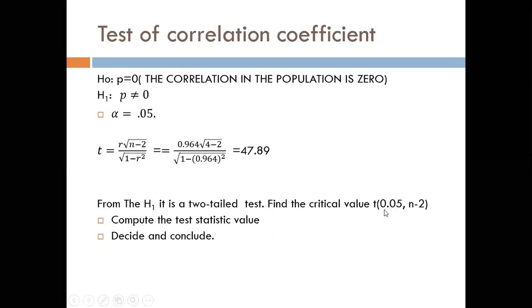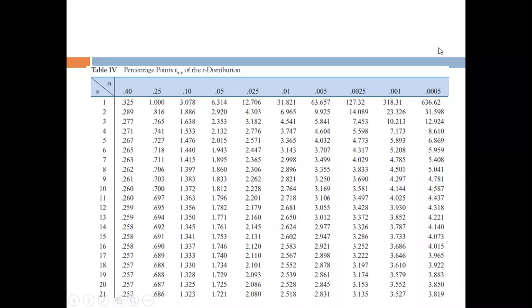Then we read what the critical value is. We have T with n being 4, so we're going to have 2. So when you read it from your statistical tables, from the statistical table, we are dealing with a two-tail.